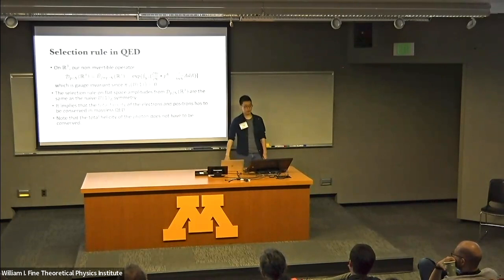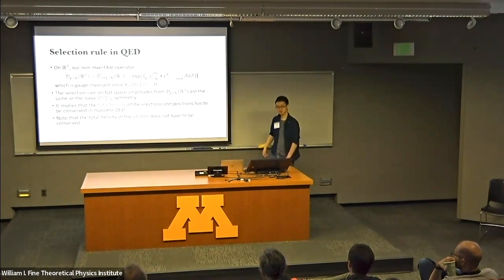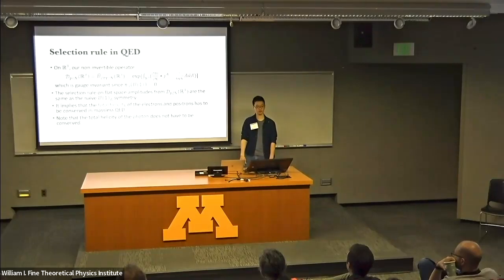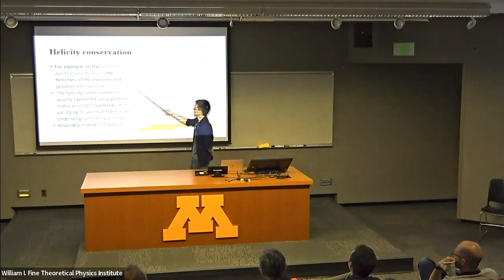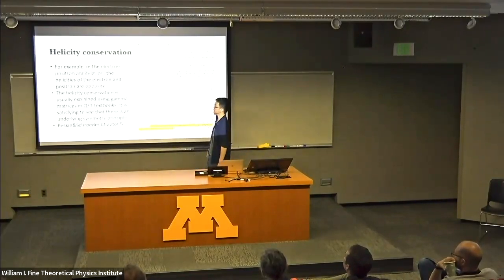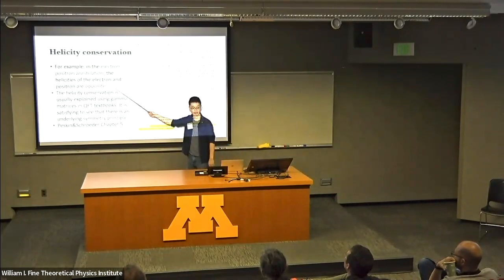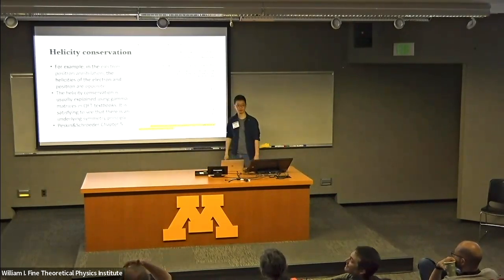And what do they mean in massless QED? It just means that the total helicity of the electrons and positrons has to be conserved in scattering amplitudes of massless QED, but not the photons though. So for example, if you consider electron-positron annihilation, the helicities of the electron and positron have to be opposite. Otherwise, the scattering amplitudes vanish.